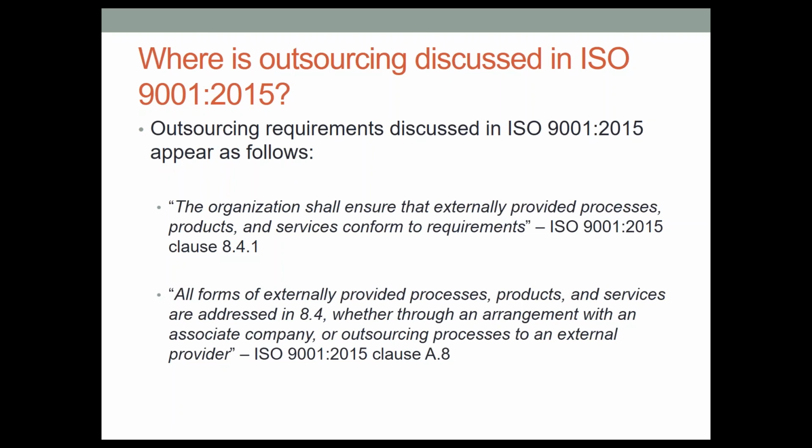And then it goes on to state that all forms of externally provided processes, products, and services are addressed in 8.4, whether through an arrangement with an associate company or outsourcing processes to an external provider. That's in Annex A8. This is part of the larger view of external providers, that it goes beyond traditional suppliers, and this is meant to be a very inclusive term.